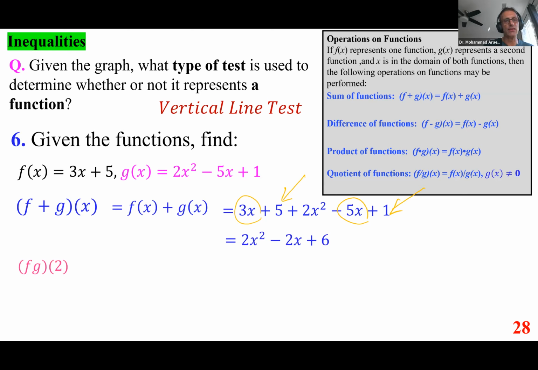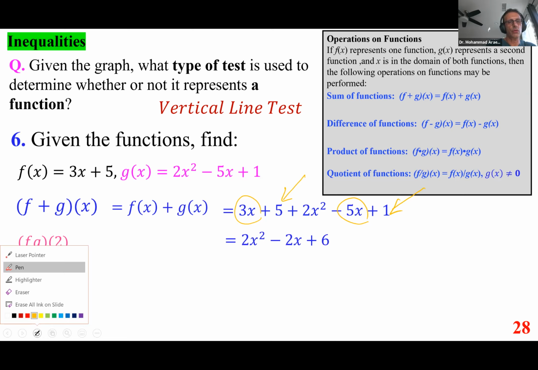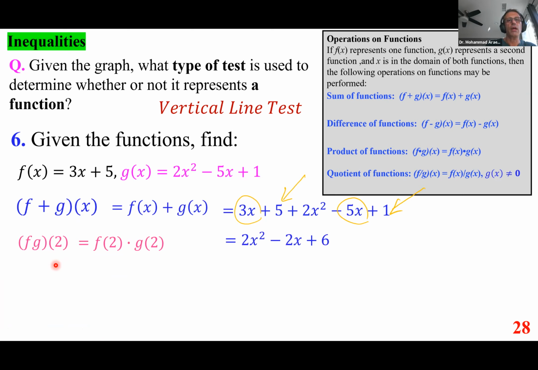The next one is asking for fg of 2. So in essence, this is f of 2 times g of 2. That means plug 2 into the f function and evaluate, plug 2 into the g function and evaluate, and then multiply the two. So this one, 3 times 2 plus 5. This one, 2 times 2 squared minus 5 times 2 plus 1.